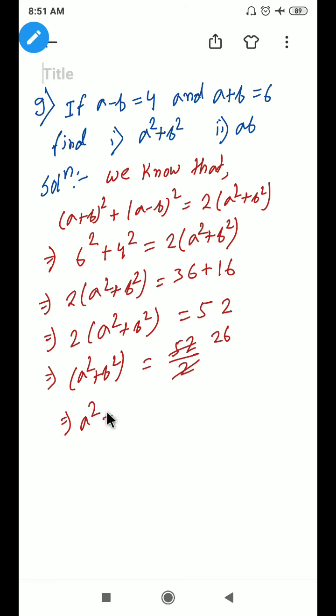So a square plus b square is equal to 52 divided by 2, which is 26. Now again we have to find out a into b.